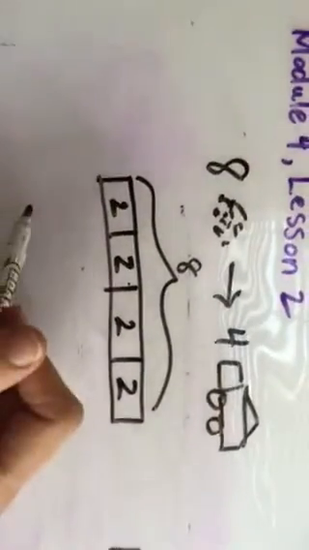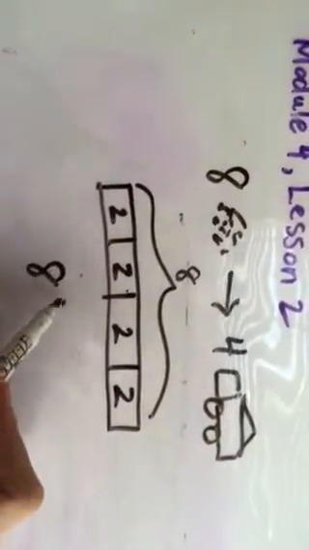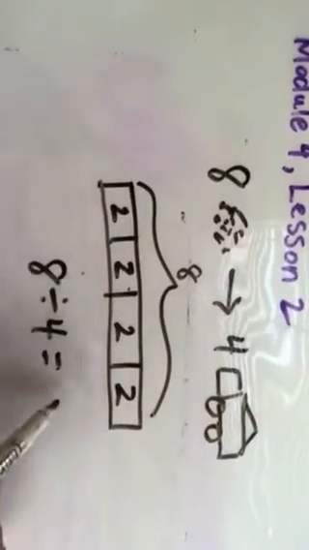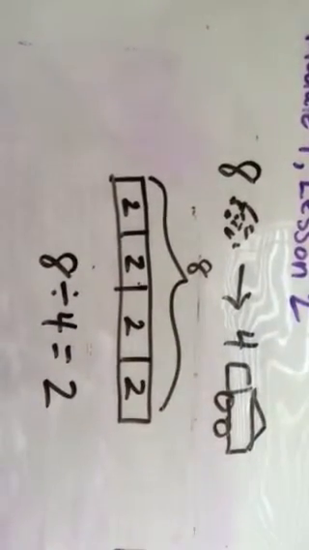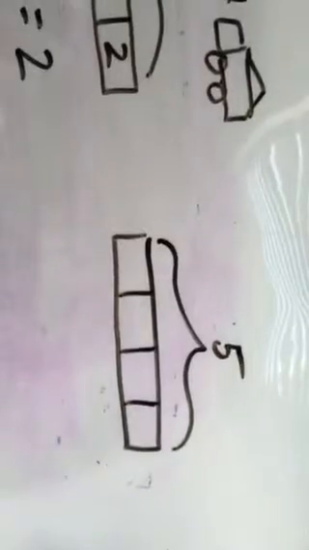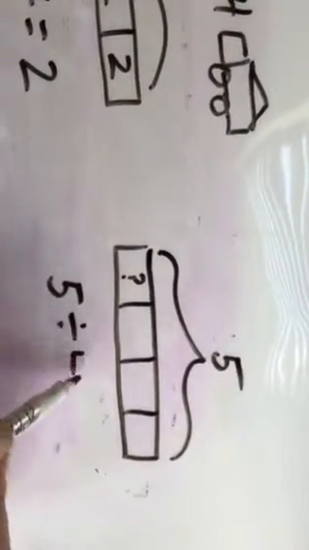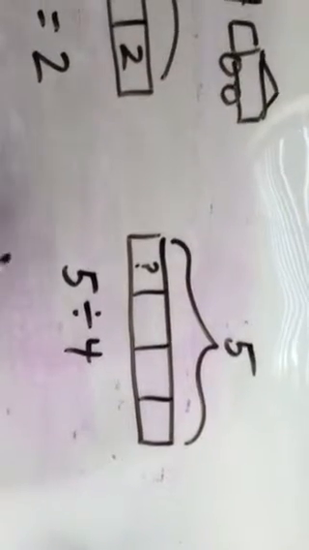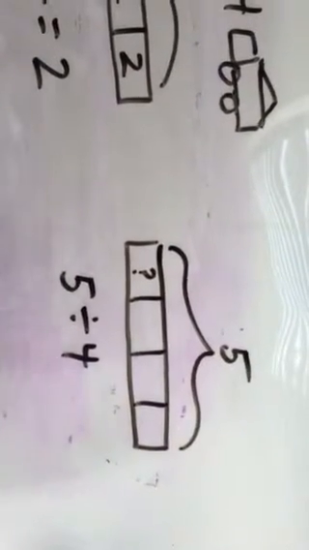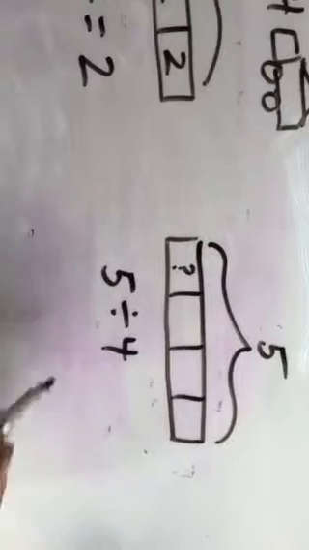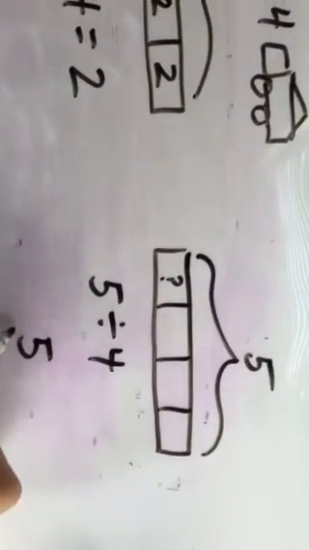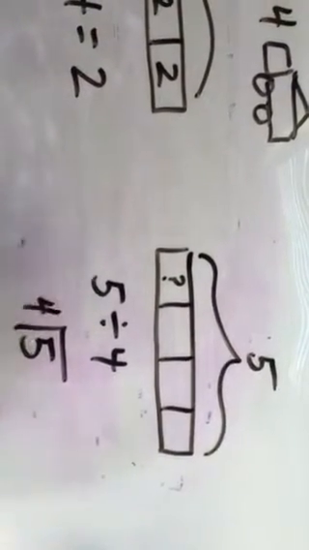But remember, when we were over here, we really just did 8 divided by 4 equals 2. So can't we do the same thing? 5 divided by 4. I could draw out 5 things and split them in 4s and all that, but it would take a while. Let's do it the easy way.